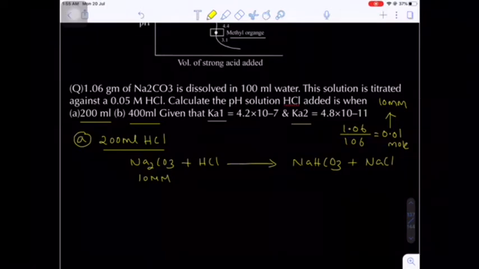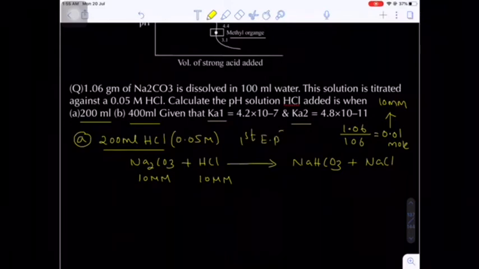So 0.01 into 1000 millimoles, that is 10 millimoles. So finally, in the mixture, we are taking 10 millimoles of sodium carbonate in 100 ml of water, and again we are adding 200 ml of HCl, whose concentration is 0.05 molar. So 0.05 into 200, again you have 10 millimoles. That means both are limiting reagents.